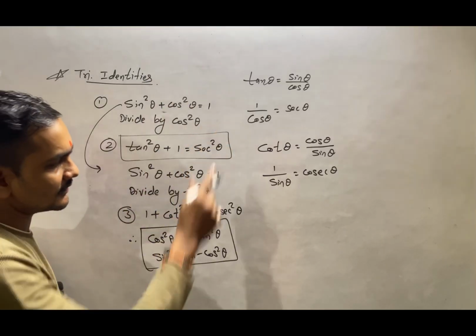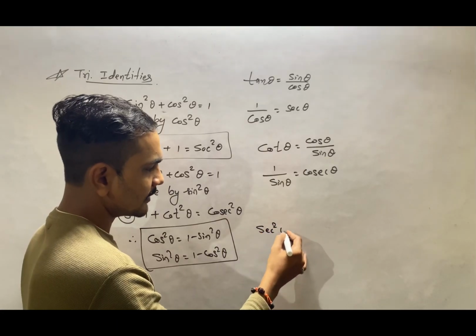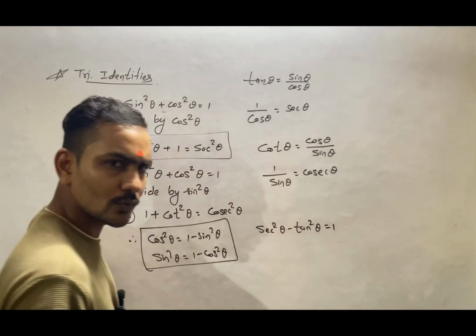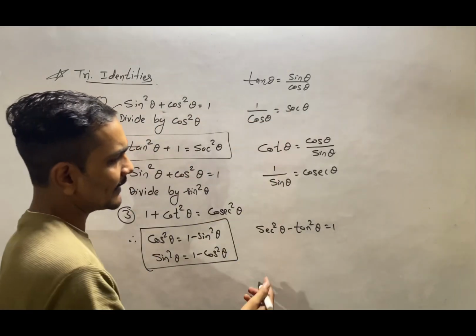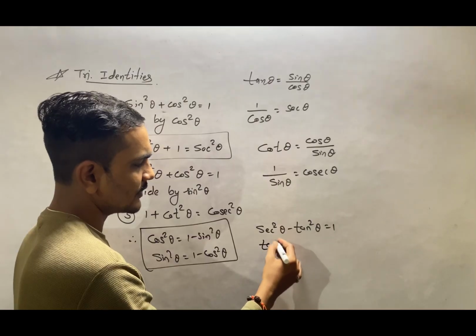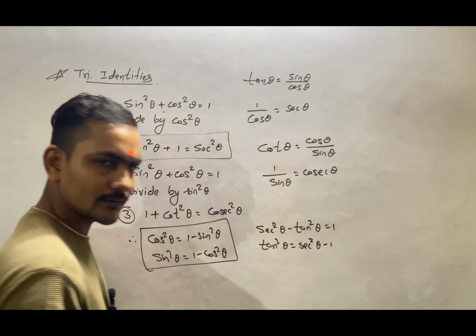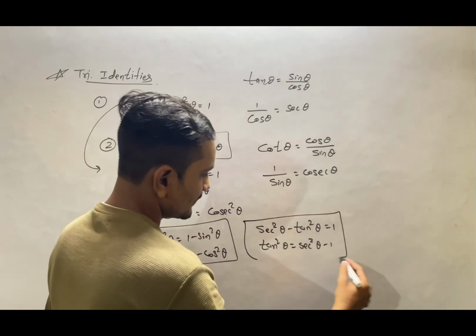Similarly we can do this as well. If we take tan theta to that side, we can say sec square theta minus tan square theta equals 1. Or if we take 1 to that side, then tan square theta equals sec square theta minus 1. So we can use these two as well.